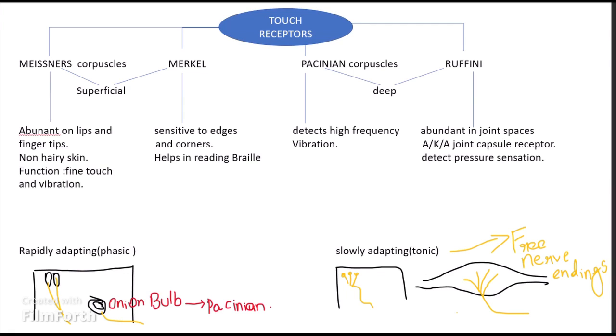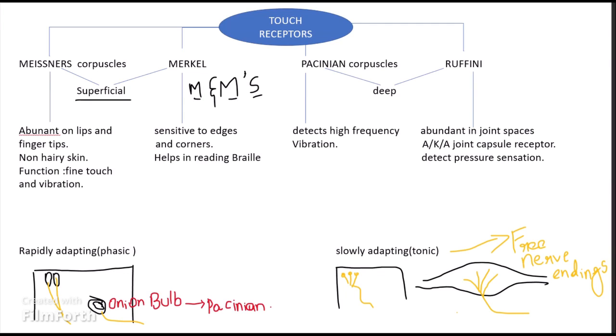Coming to the touch receptors, there are four types: Meissner's, Merkel's, Pacini, and Ruffini. Out of these, Meissner's and Merkel's are superficial. You can remember it as M&M's. We say those chocolates M&M's. We know the brand, no? So Meissner's and Merkel's are superficial.